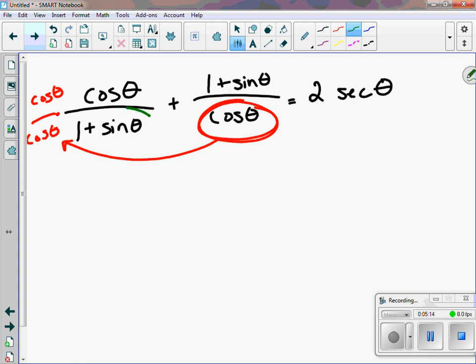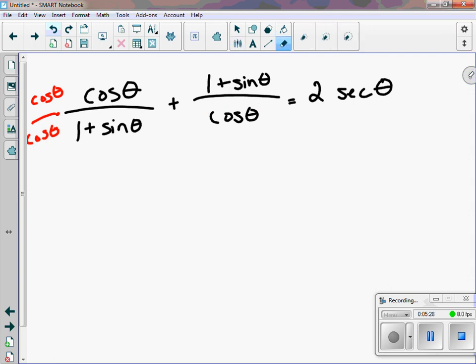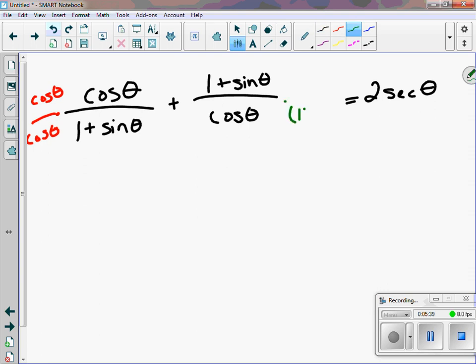Which now means that this 1 plus sine theta has to be transferred over here to be multiplied. Erase that so you don't get confused. Okay, I'm actually going to slide this 2 secant of theta over, just so I have room. You can just write it off to the side on your paper.